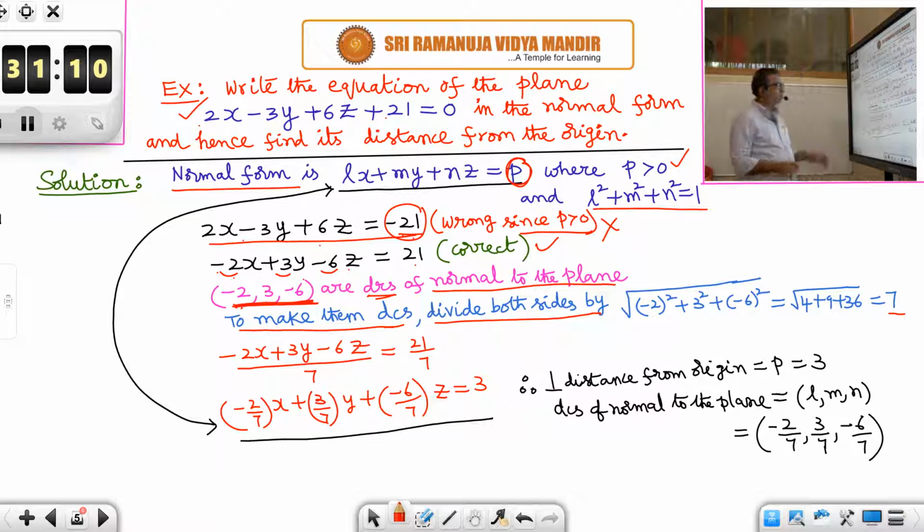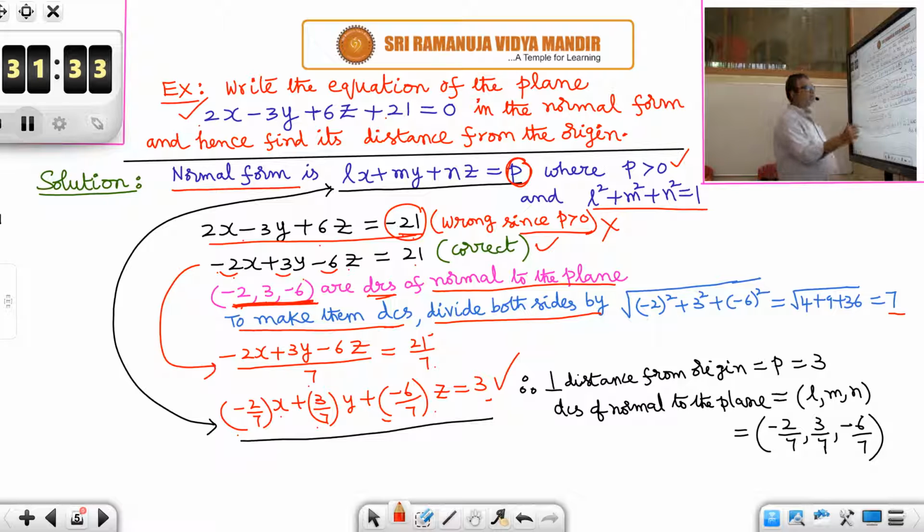So divide by 7 on both sides. So in this equation I am dividing by 7 on both sides. Minus 2x plus 3y minus 6z by 7, right-hand side 21 by 7. So now minus 2 by 7 into x plus 3 by 7 into y plus minus 6 by 7 into z is equal to 3. This is the correct normal form.